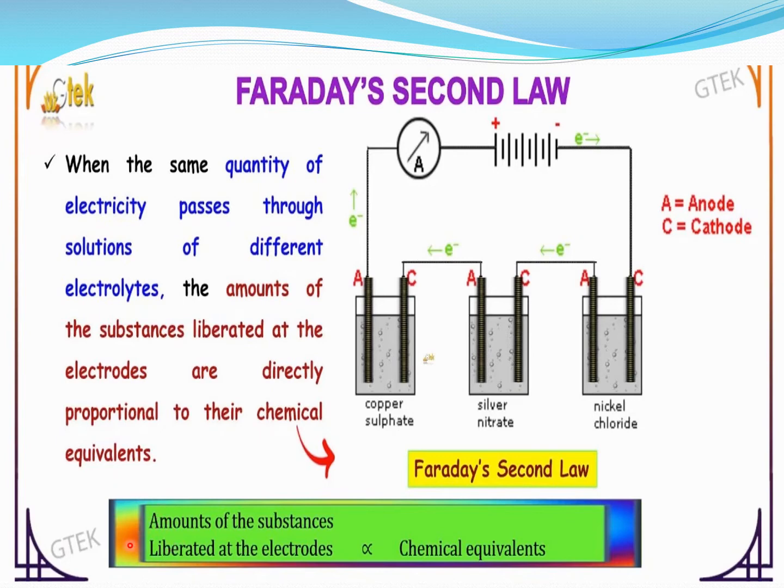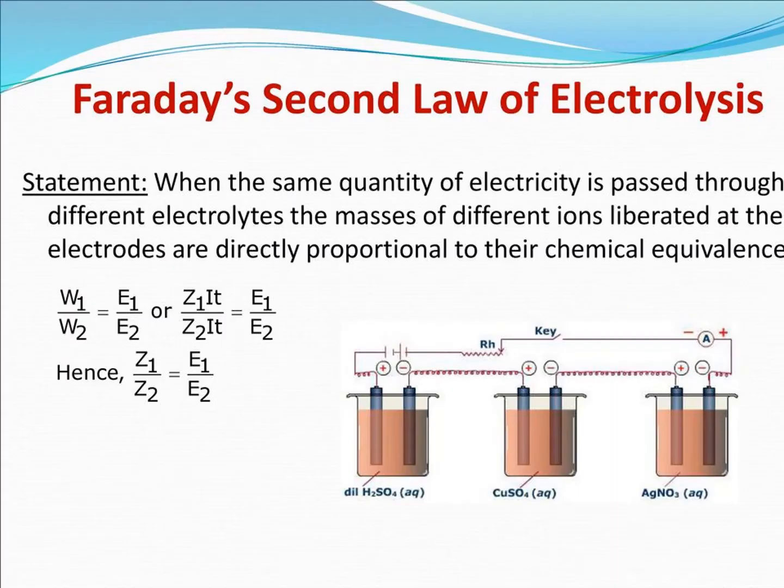So according to Faraday's second law, the amount of the substances liberated at the electrodes is directly proportional to their chemical equivalents. So if E1 and E2 are the chemical equivalents, and W1 and W2 are the weights of the substances deposited at the electrodes, then according to Faraday's second law, we get W1 upon W2 is equal to E1 upon E2, or Z1 IT upon Z2 IT is equal to E1 upon E2.